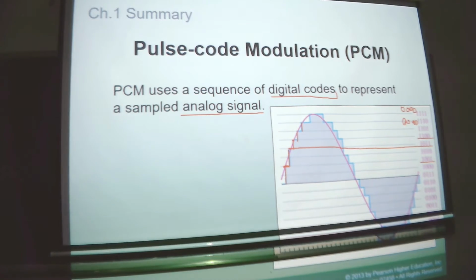And if we only use 4 bits, we can only have 16 different values, from 0, 0, 0, 0 to 1, 1, 1, 1.